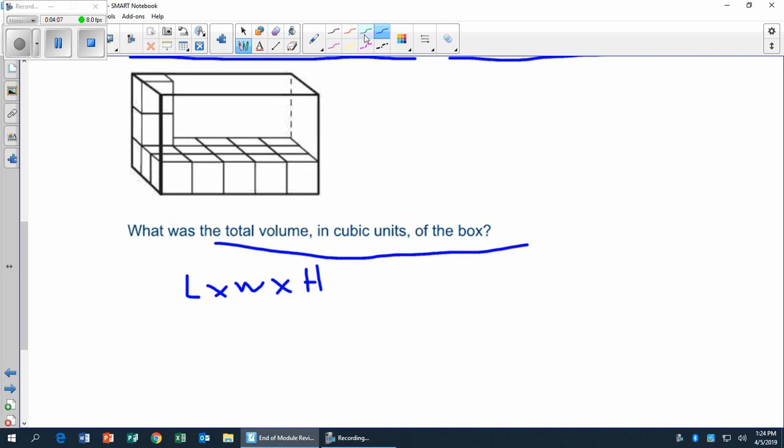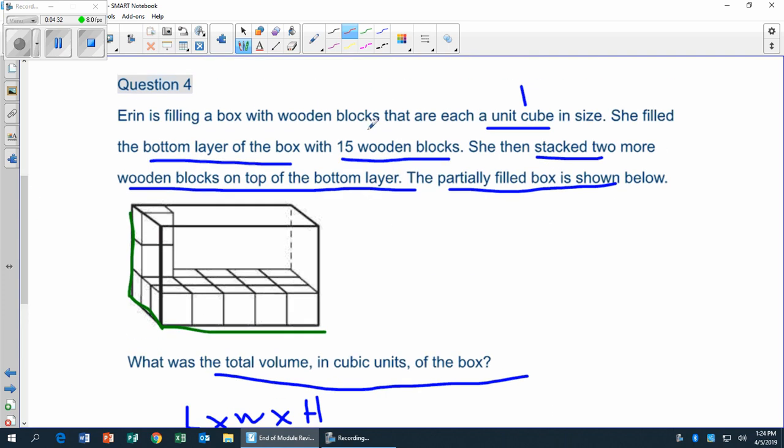And I can do this 2 ways. One way is that I can say right here my length is 5. I can see that my width is 3. And I can see that my height right here is another 3. And 5 times 3 times 3 is 45. Or they told me before, if I go back up top, that the bottom layer has 15.